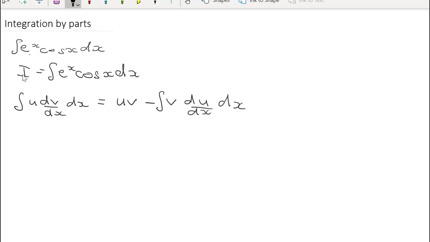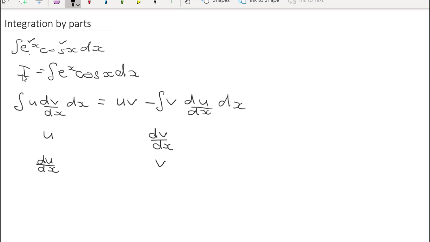Now we need to find u, dv by dx, du by dx, and v. Now we have two functions, e raised to the x and cos x.